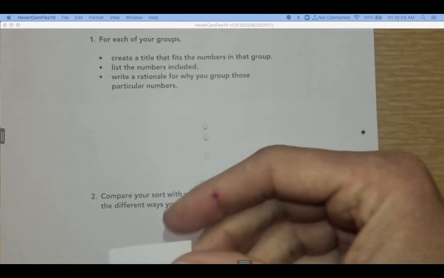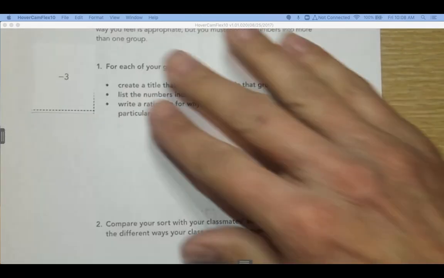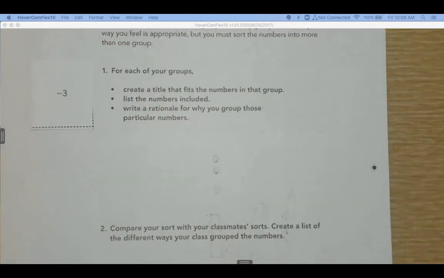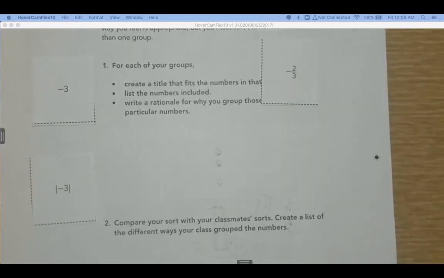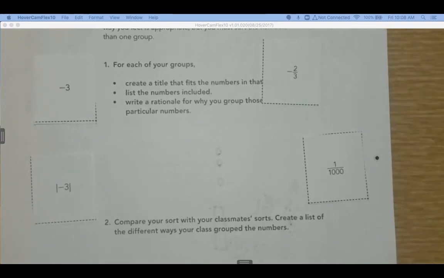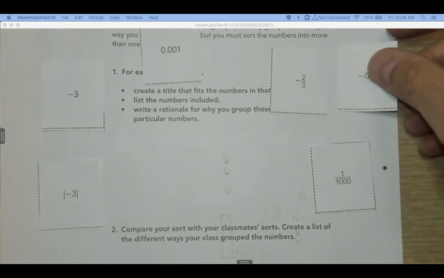All right, here are the cards that are at the end of the lesson, and so I'm going to sort them out over here as best as I can. There are different ways I could sort them, but I'm looking for patterns I can see.